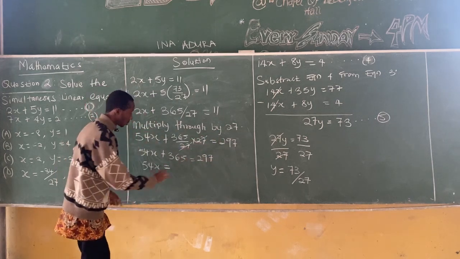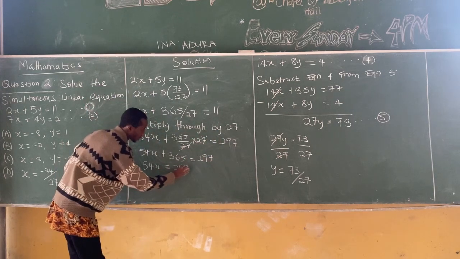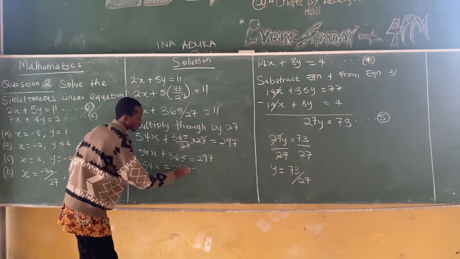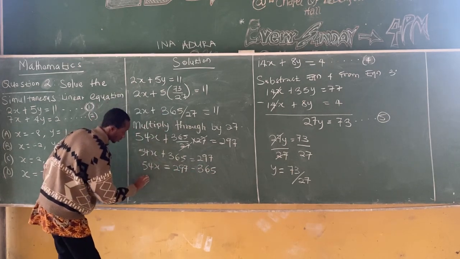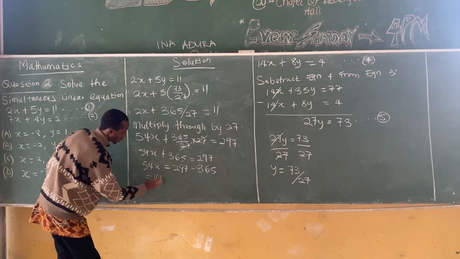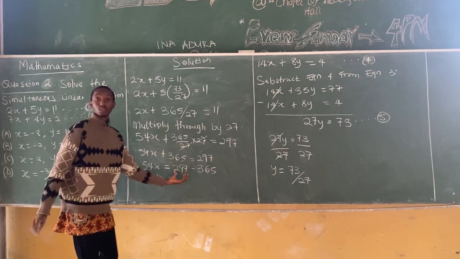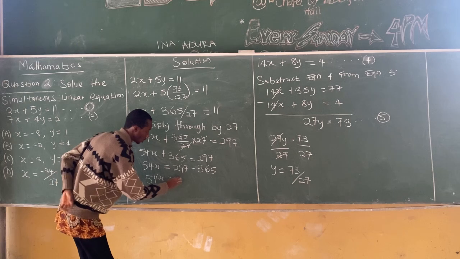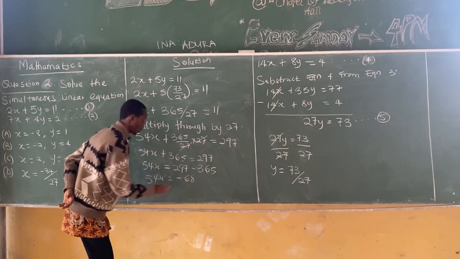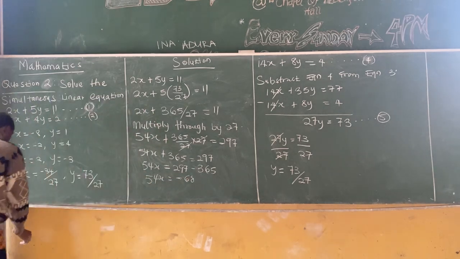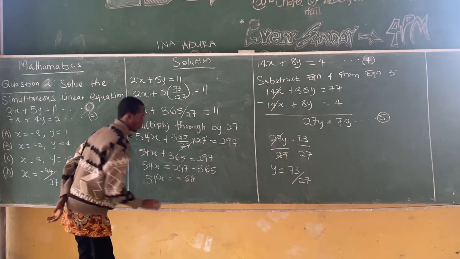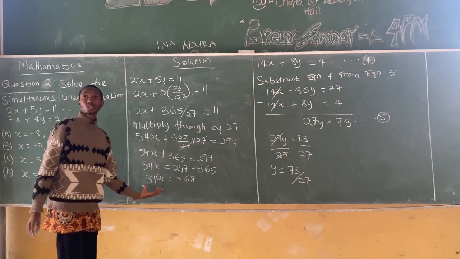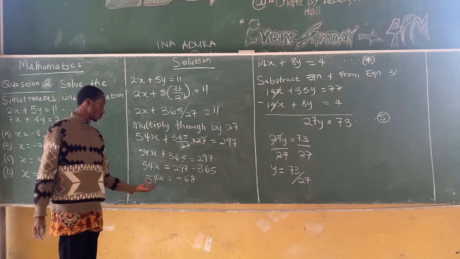So we have 297 minus 365. 54x is equal to, it gives us what? Minus 68. For us to get x, we divide by the coefficient of x, which is 54.